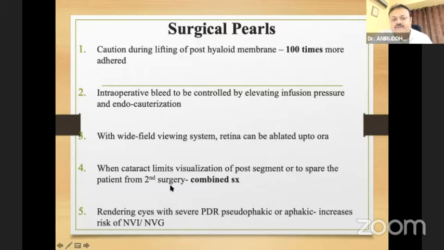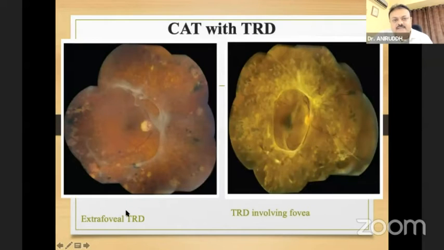And when cataract limits the visualization, obviously we need to plan a combined surgery. But the risk of the combined surgery is that if there is a severe PDR, it increases the risk of NVI and NVG.